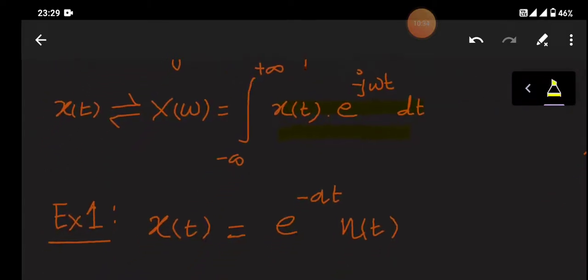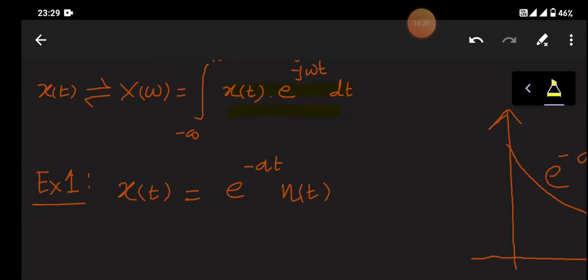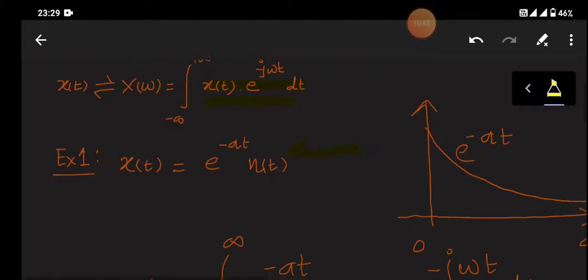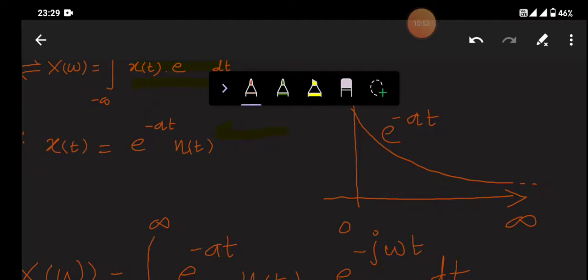Now we had an example where x(t) is equal to e to the power minus a t u(t). You can see this signal here. The signal will look like this. It is a decreasing exponential going from 0 to infinity.